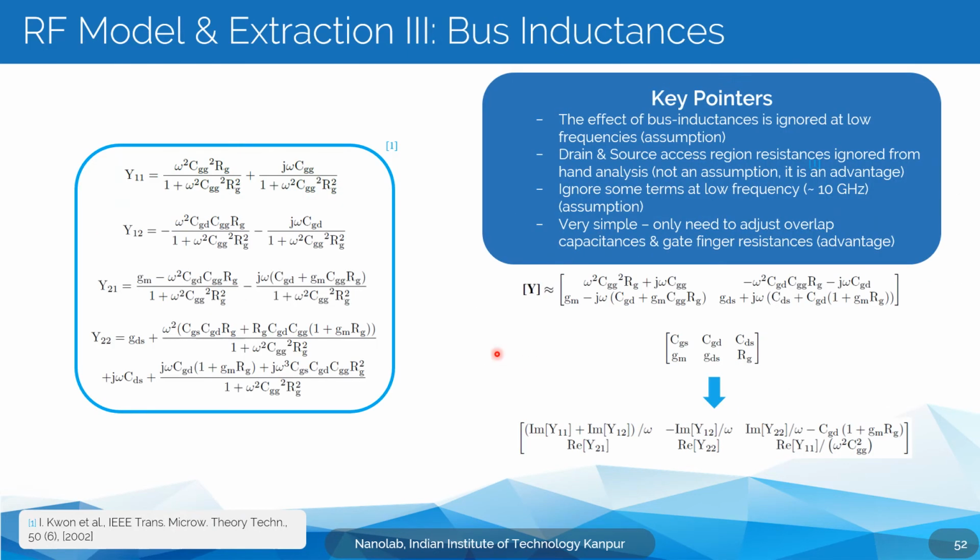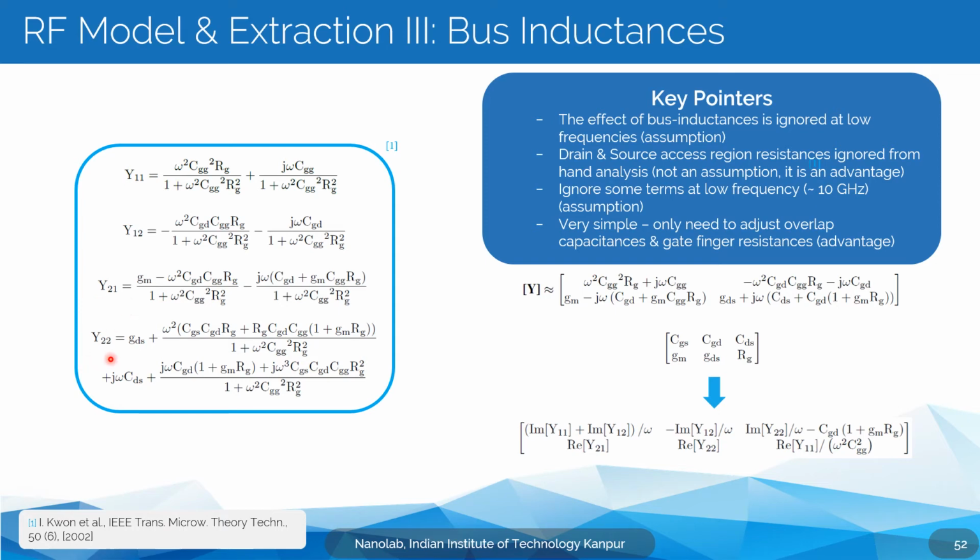Now the next step is to extract the inductances from this device. Once we have the device de-embedded, so we are at a plane which is after the manifolds, we measure all the Y parameters of the device: Y11, Y12, Y21, Y22.